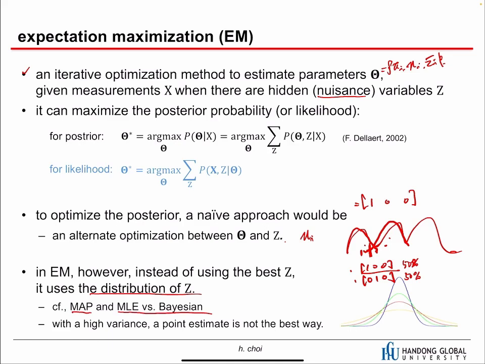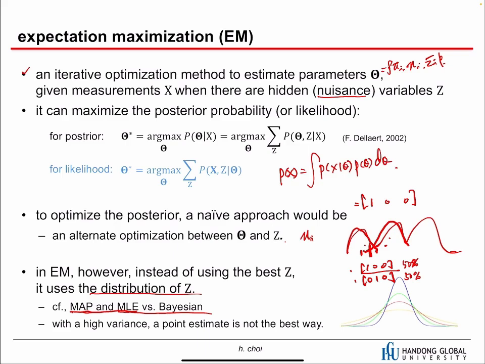In MAP and MLE, we use the best estimator, a point estimator, so we find the best parameter. But in the Bayesian approach, instead of using the best parameter, we use a distribution over parameters. So in Bayesian, P of X is the integral of P of X given theta, P of theta, d theta.